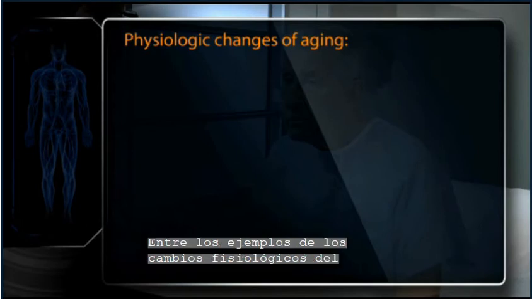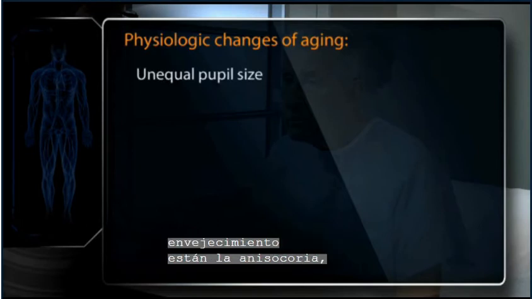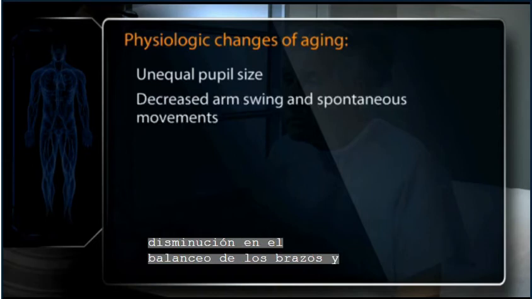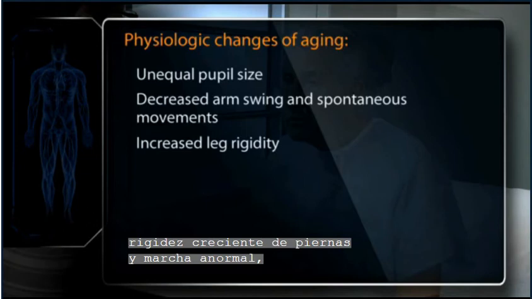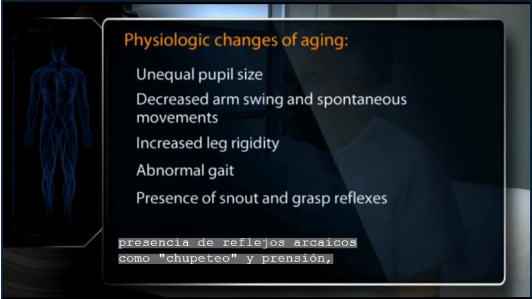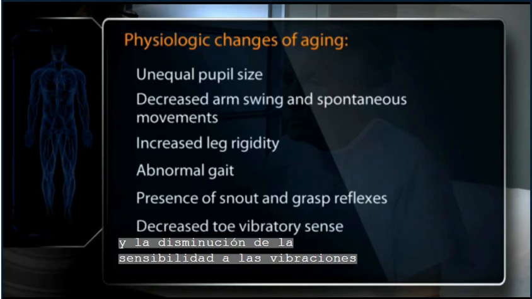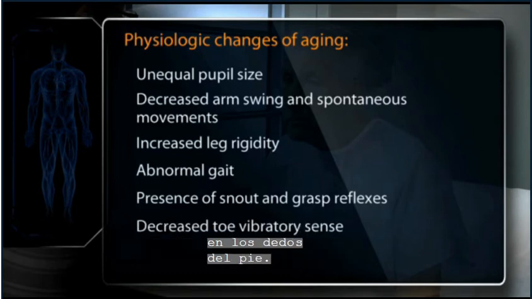Examples of physiologic changes of aging include unequal pupil size, decreased arm swing and spontaneous movements, increased leg rigidity and abnormal gait, presence of the snout and grasp reflexes, and decreased toe vibratory sense.